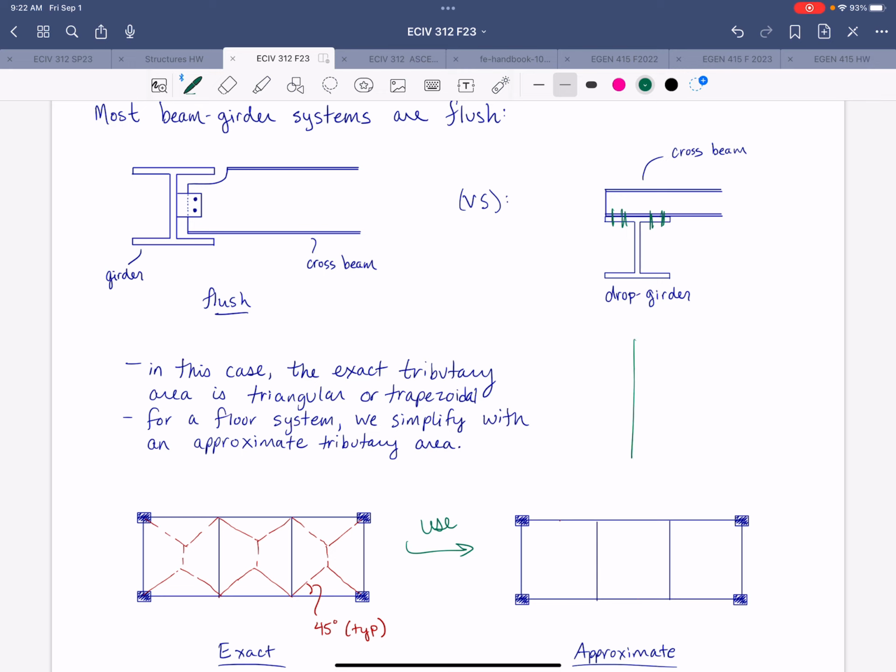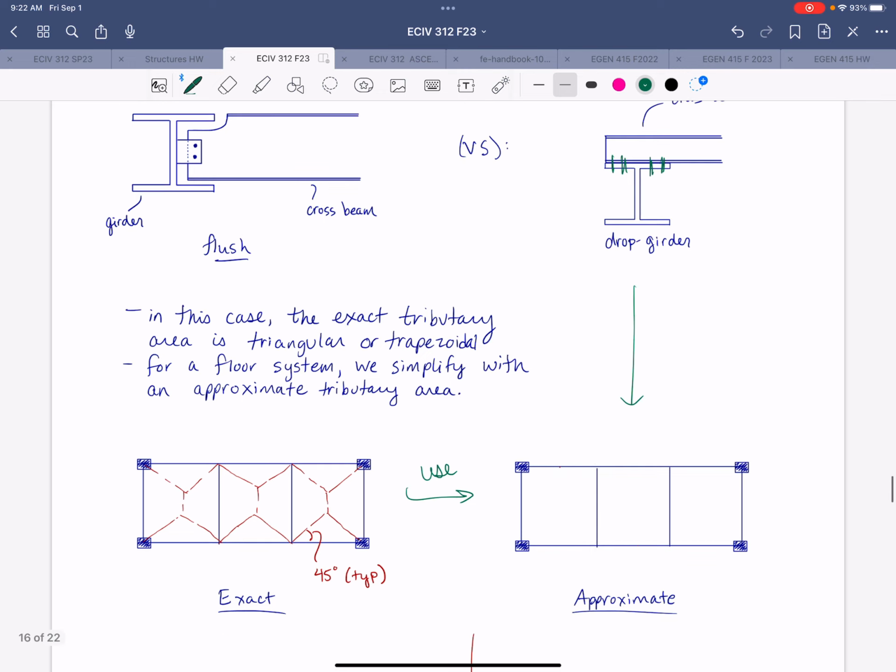And so in this case, what we called approximate for the previous scenario, this tributary area, which I didn't sketch out, the approximate tributary area would be something like that. In that case, it would be the exact tributary area.